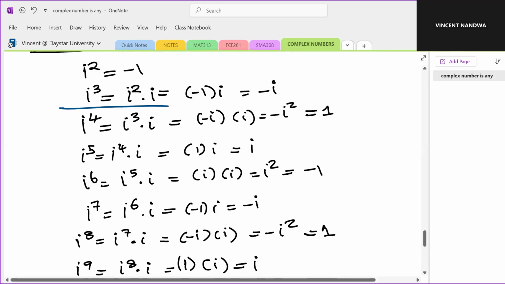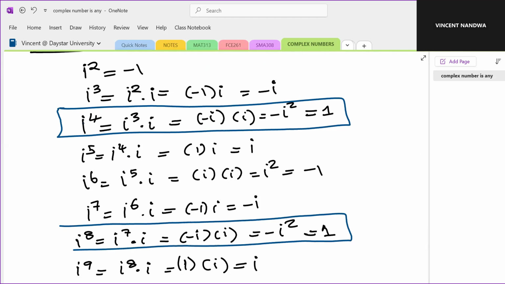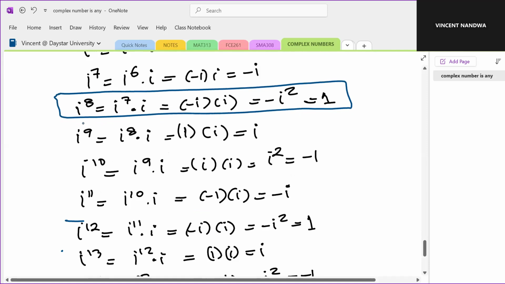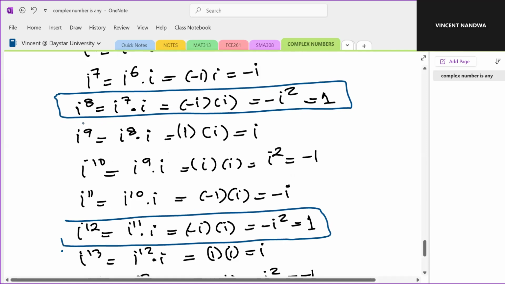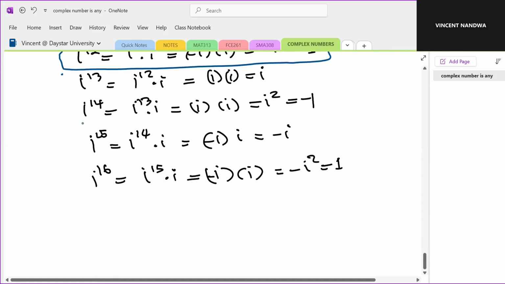You see that here, i power 4 gave us 1. i power 8 gave us 1. And then i power 12 also gave us 1. And then i power 16 is also giving us 1.